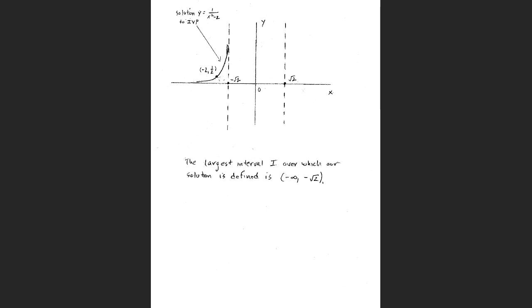Remember, y is equal to 1 over x squared minus 2. But the denominator can be factored as x minus root 2 and x plus root 2.